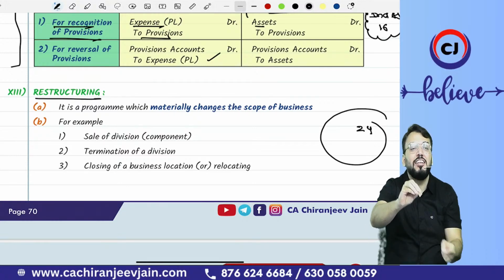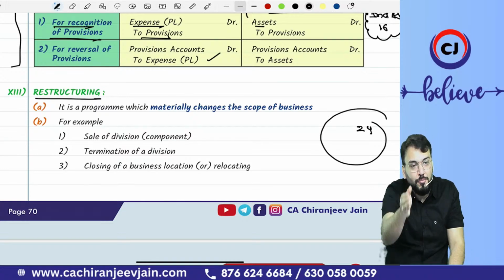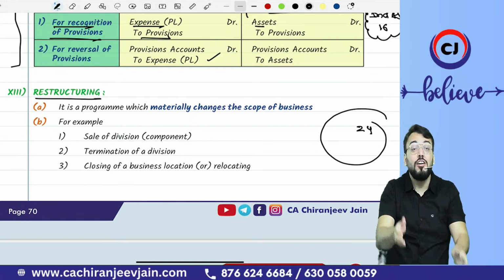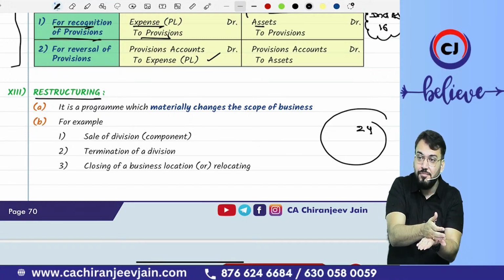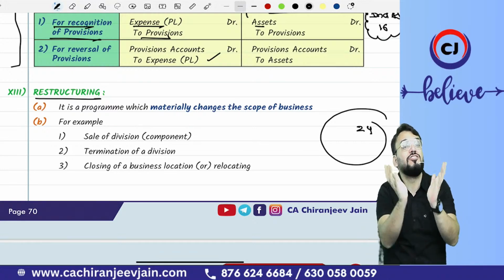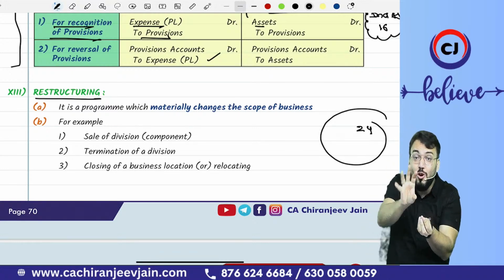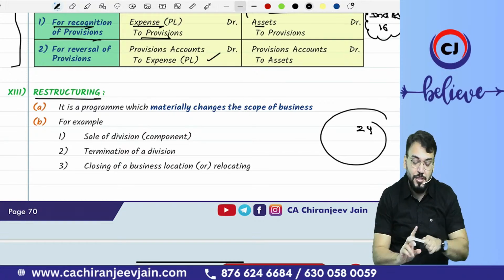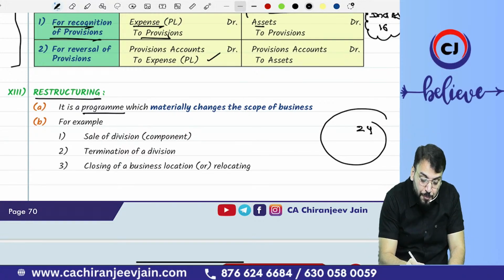But I have decided that I will not teach CA Foundation from today. So this is also restructuring. A termination of one location or shifting from one location to another location is also restructuring, which changes the scope of business. Understood? So it is a program which materially changes the scope of business.